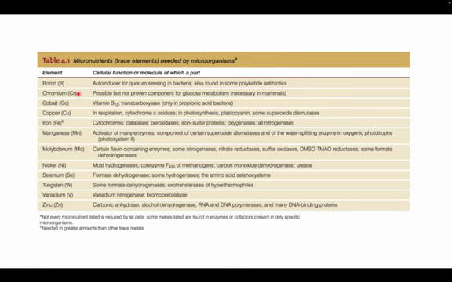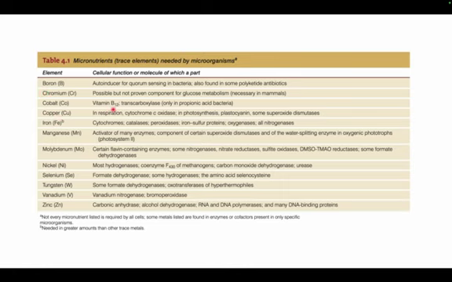So here we see micronutrients needed by microorganisms. We already discussed the macronutrients required, which were carbon, hydrogen, oxygen, nitrogen, phosphorus, sulfur. But there are also some micronutrients which are required, which are listed here, like boron, chromium, cobalt, copper.